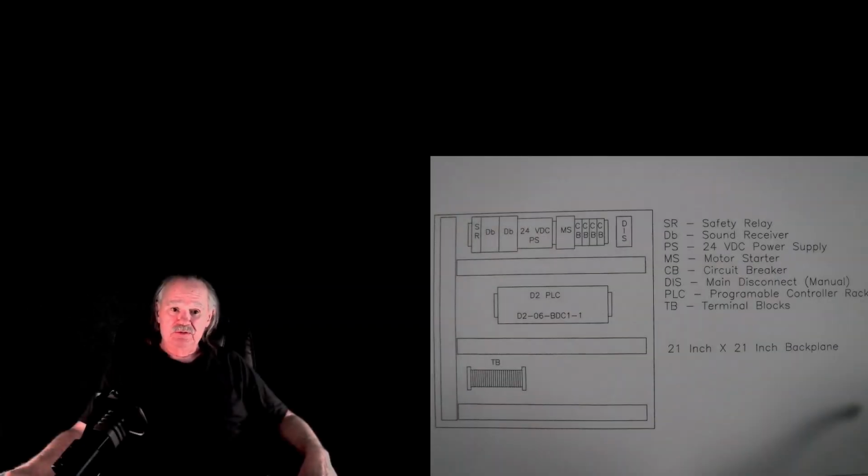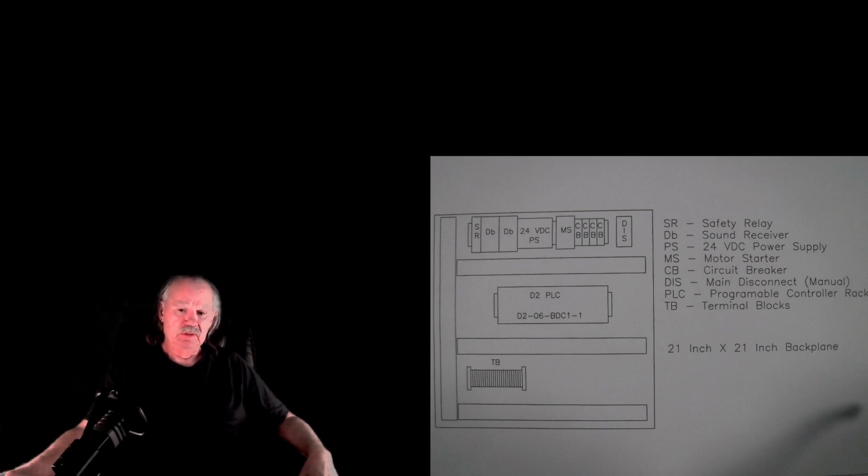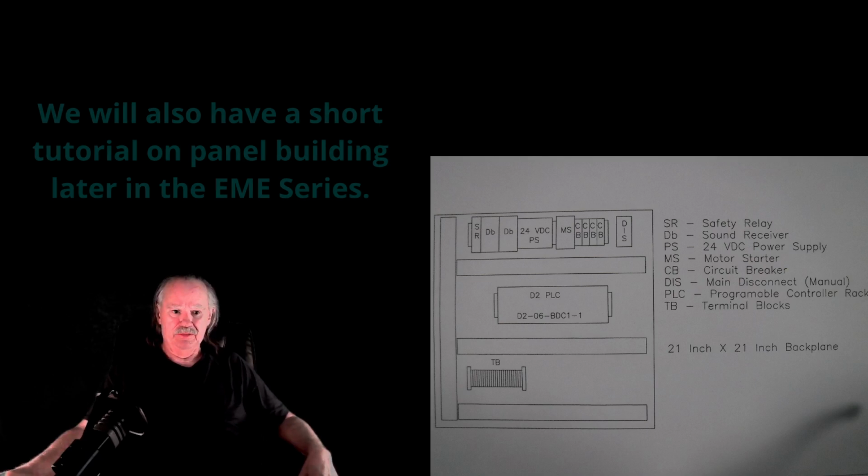This is only to tell what part belongs where in the panel, so you can identify it when you begin your troubleshooting process, or even if you're building the panel.